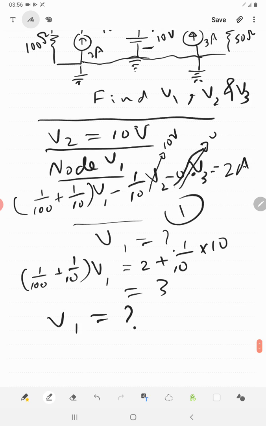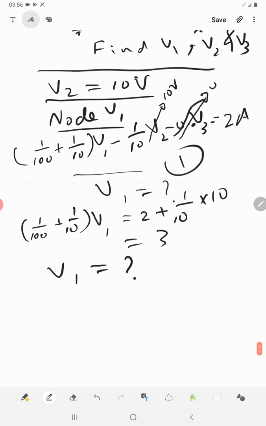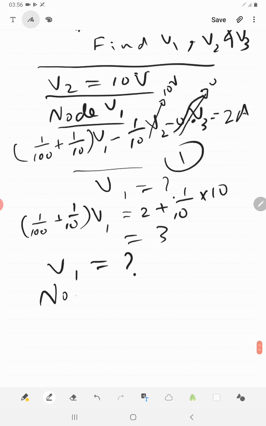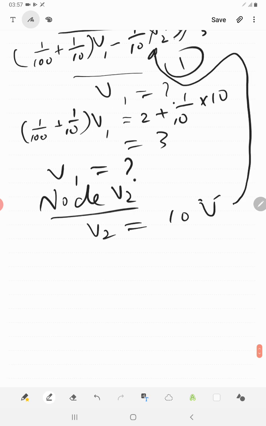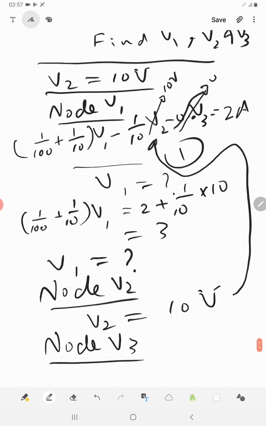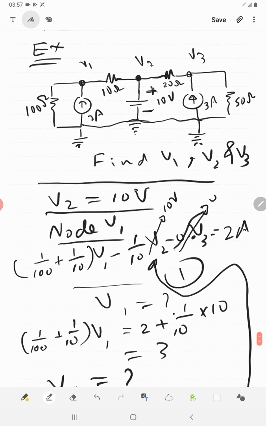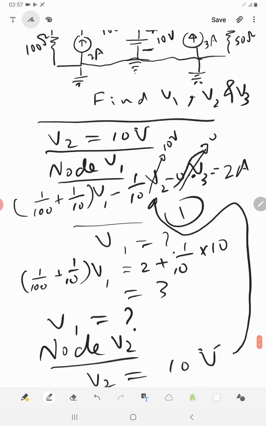Very simple. So that's the equation for node 1. When you come to node 2, V2, simply say V2 equal 10 volts. That's why we use it here, because we know it. And when we come to node V3, we do the same. At V3, we have 50 and 20.